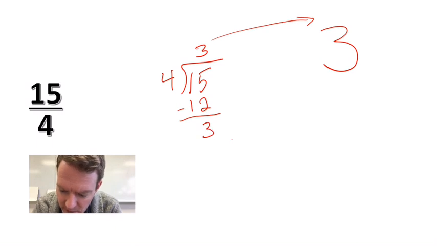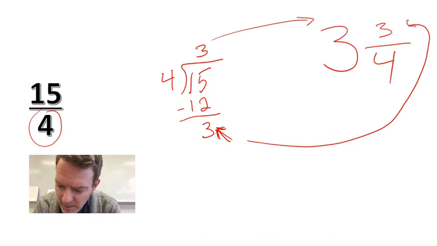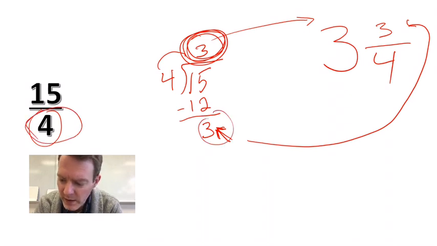And this remainder is how many fourths are still left over. Remember, we're dealing with fourths. How many are left over after the 3 wholes is what this number is from. So that would go up here. So we have our whole number is how many whole times 4 fits into 15, and then our remainder is how many of the fourths are left over.